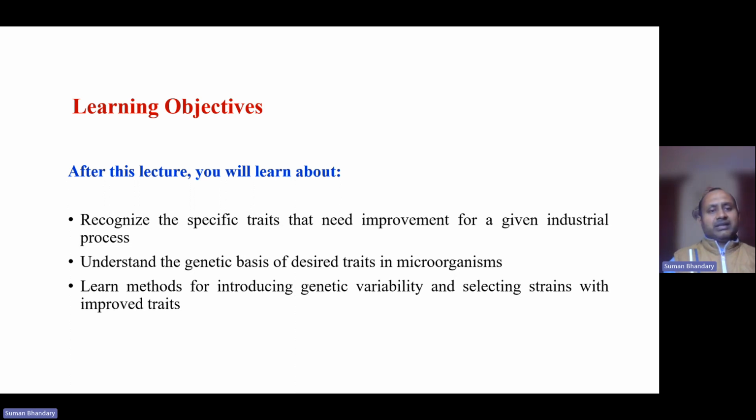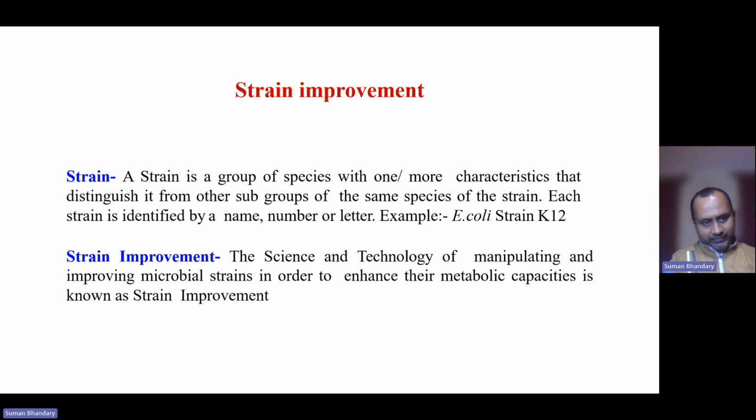Let us discuss what are strains. Actually, a microbial strain is a specific variant, a subtype, or genetic type of microorganisms such as bacteria, yeast, or fungi that is distinguishable from other members of the same species based on certain characteristics.